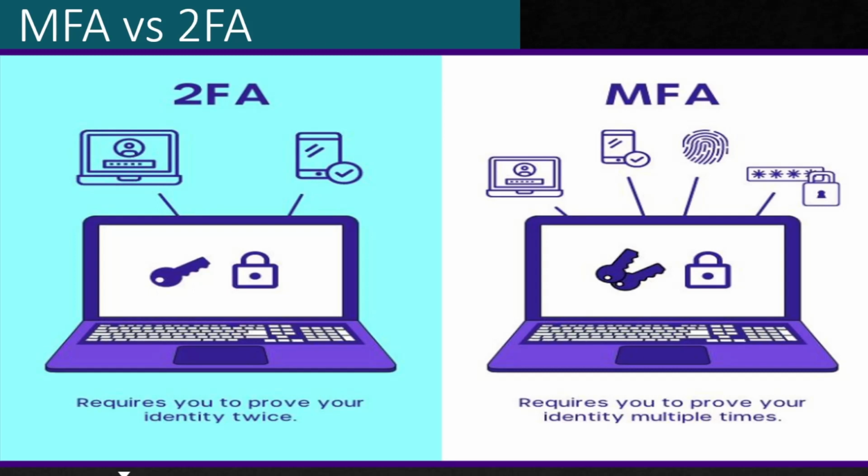That is because it adds an obstacle that is difficult to pass for the threat actor in case of a compromise to the password. Thereby, it significantly enhances security because it will require both something you know, which is the password, and something you have, such as maybe a device that can generate a one-time password.